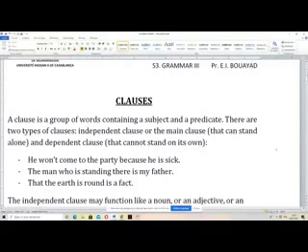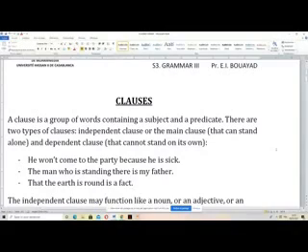So in the first example here, because he is sick, which type of clause do we have? Of course, we call it the adverb clause. Why? Because it modifies the verb. It shows why he is absent from the party. Okay.